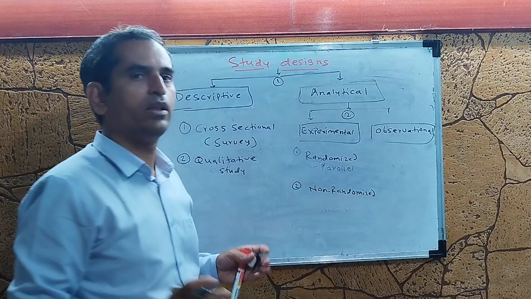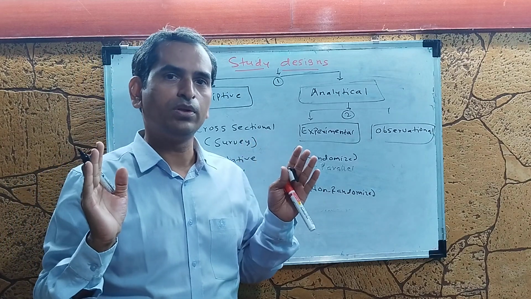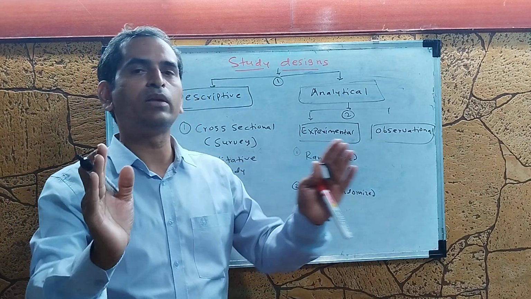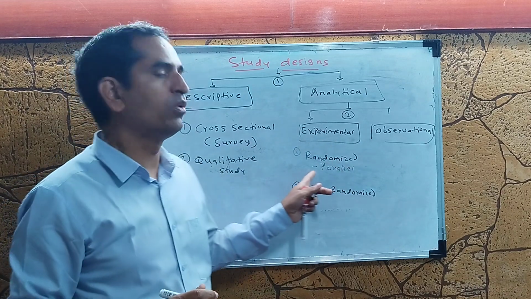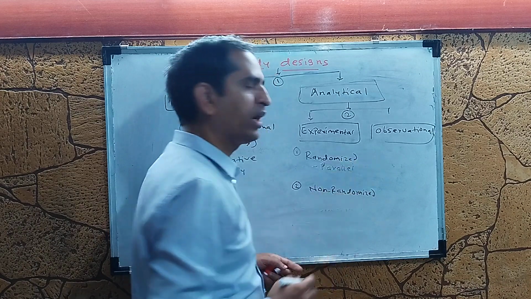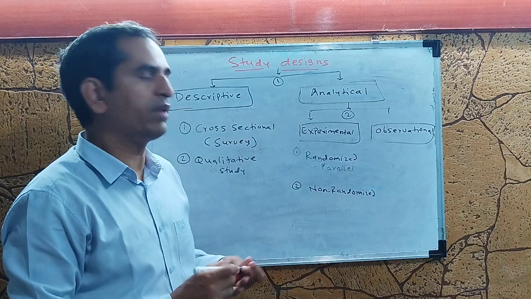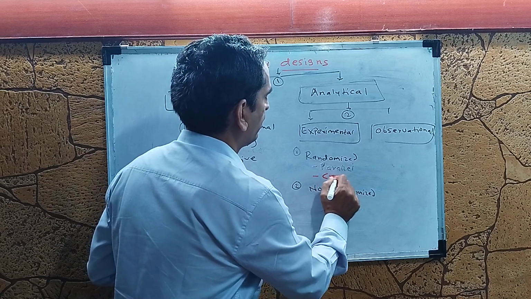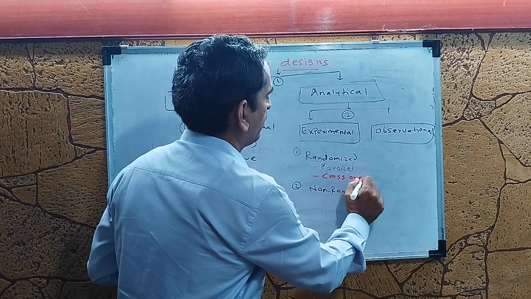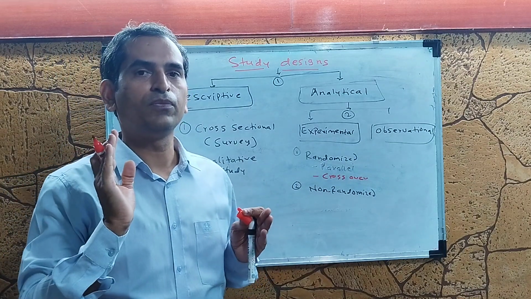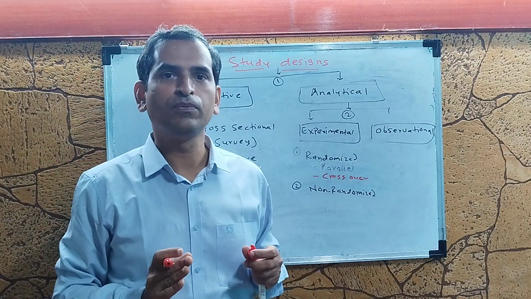parallel group studies, that means the experimental groups, group A and group B, will receive the treatment and the study will go on in parallel. These are called randomized controlled trials, or RCTs. Randomized controlled trials can be parallel or they could be crossover. What is the meaning of crossover? You will give a treatment to one arm.